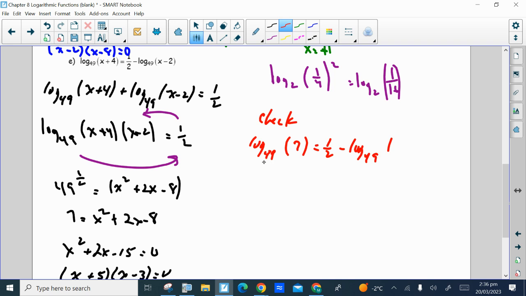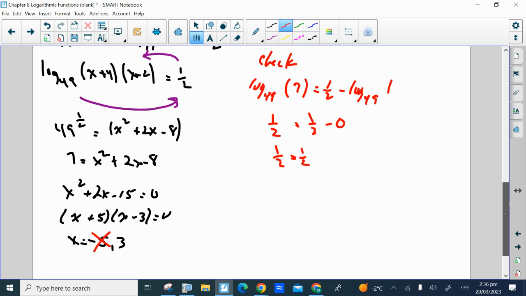Log base 49 of 7 is asking 49 to what power is 7, and the answer to that is 1/2. 49 to the power 1/2 is the square root of 49, which is 7. And log base 49 of 1 is asking 49 to what power is 1? The answer is 0. 49 to the 0 equals 1. So that shows you that the answer of x equals 3 does work.